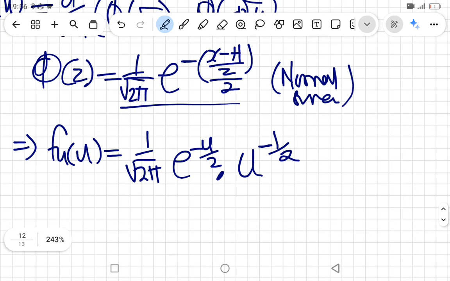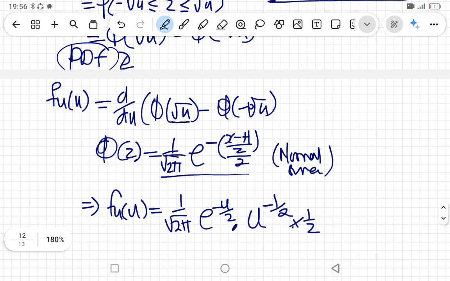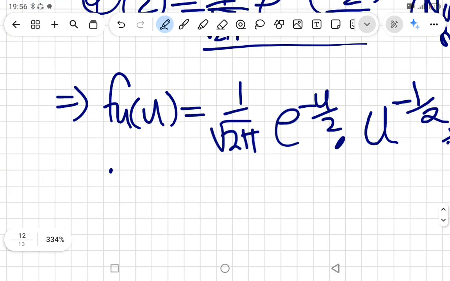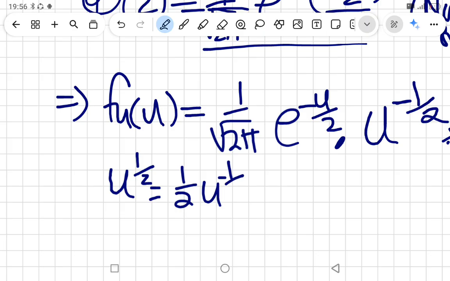I think it should be times half here. When you differentiate the root of U, U to exponent half, this will be half U to the negative half, which is just half root of U.